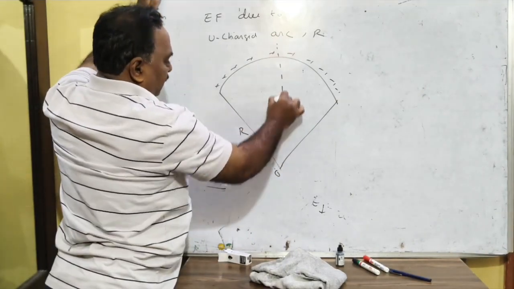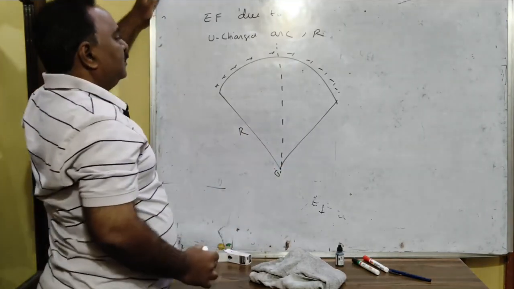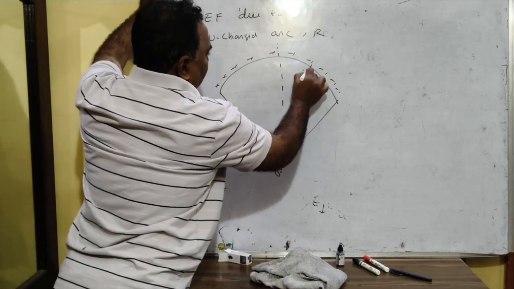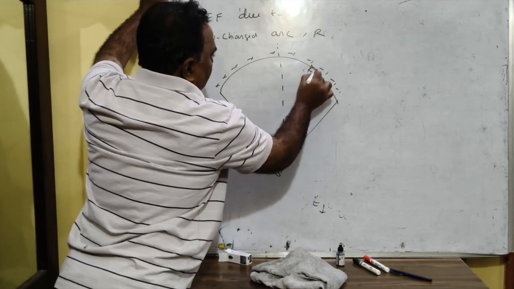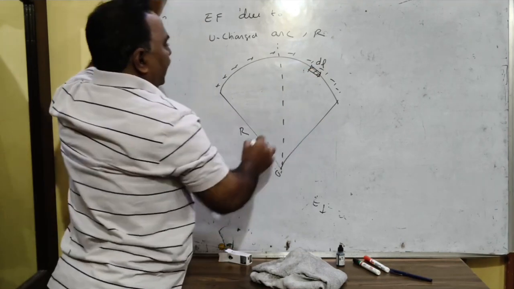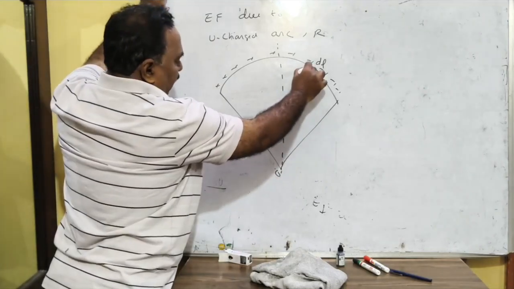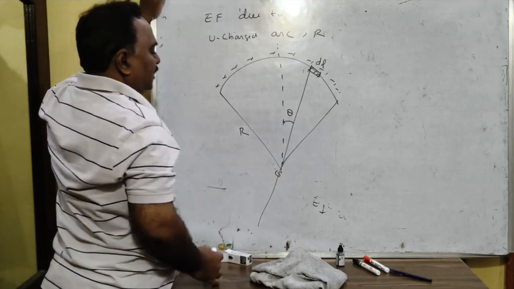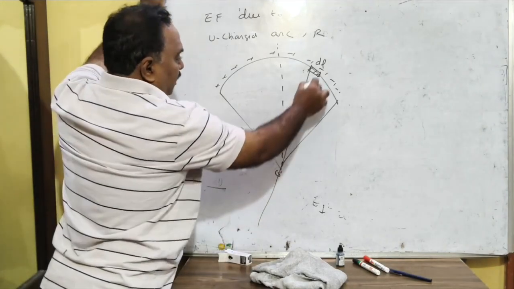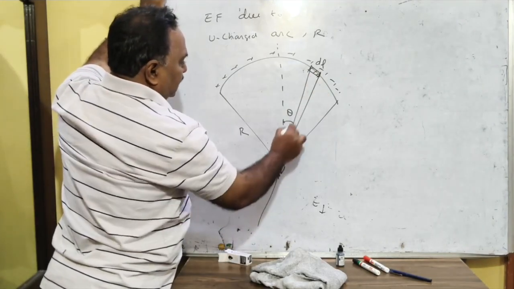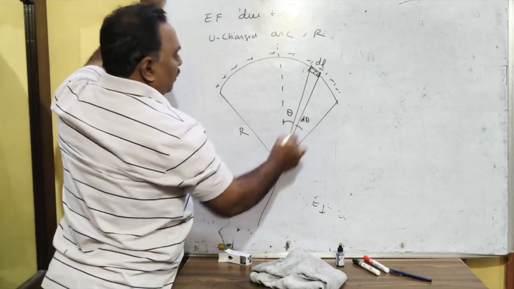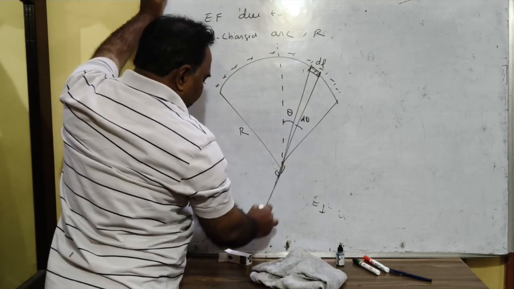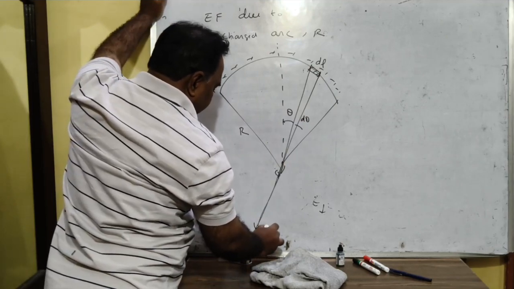Bisect this arc, and from this central bisecting line select a small segment, a dl element on this wire. This dl element is subtended from this vertical line. Let the angle be theta, and this small element subtends an angle d theta, and because of this dl element, the electric field is acting in this direction, dE.